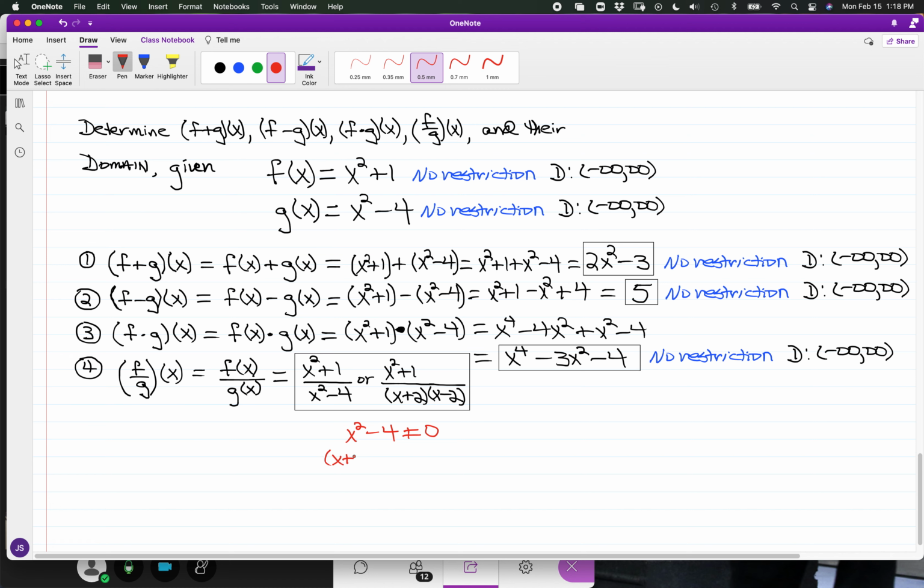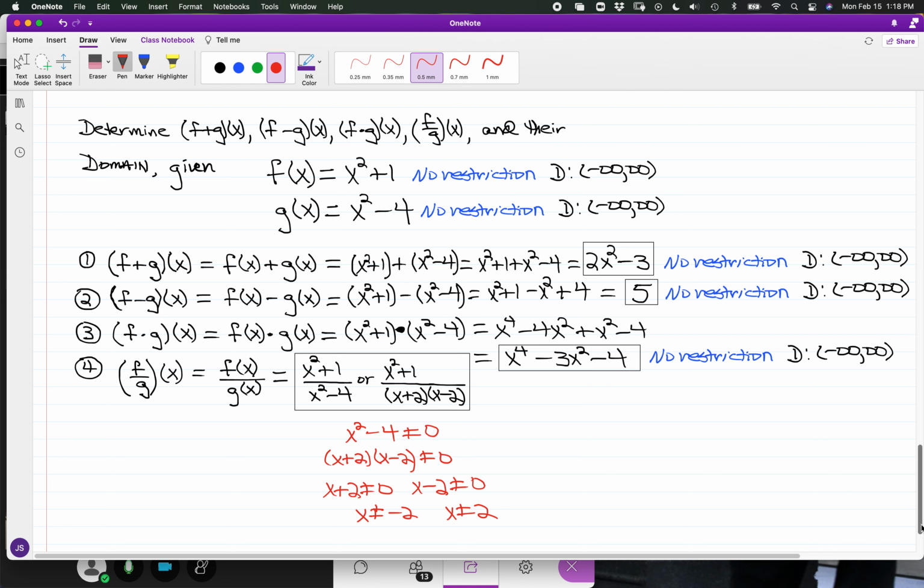If that is the case, then neither of the factors, x plus 2 and x minus 2, can be 0. So x plus 2 cannot be 0, and x minus 2 cannot be 0. So we have that x cannot be negative 2, and that x cannot be equal to positive 2.